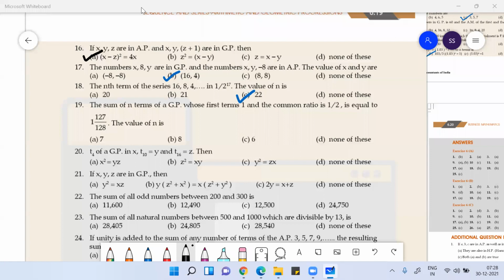19th one, your answer will be 8. 20th one, option C. 21, option A. 22, 12,500. Any doubt, anyone?